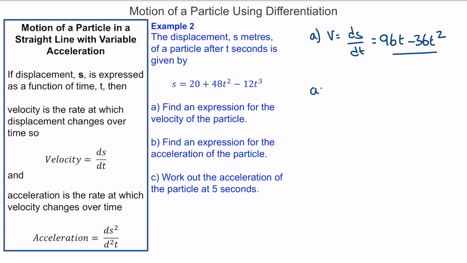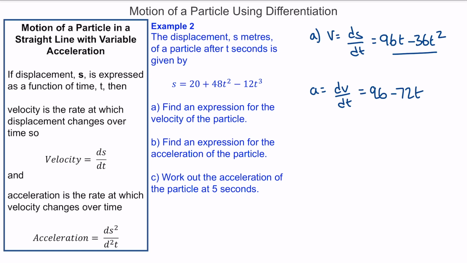The acceleration is the change in velocity divided by the change in time. So we'll differentiate this function now. The t will go, so we're left with 96. And then 2 times 36 is 72, and we'll take away 1 from this power. So minus 72t.